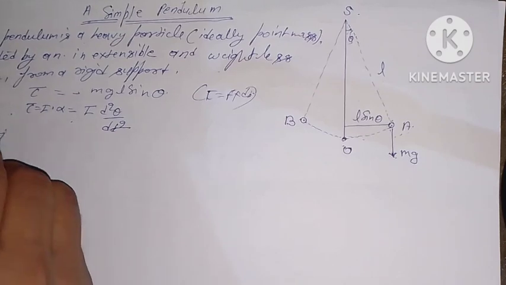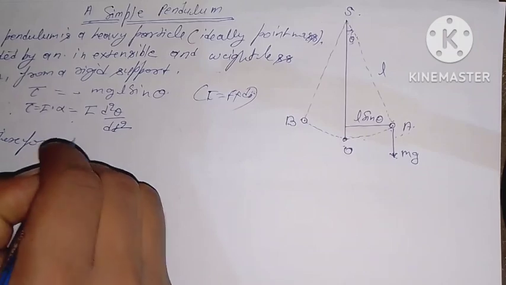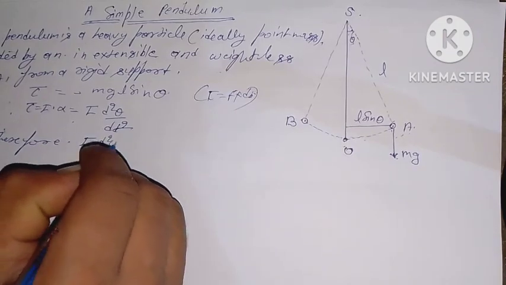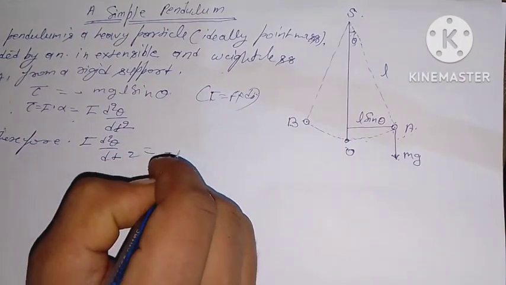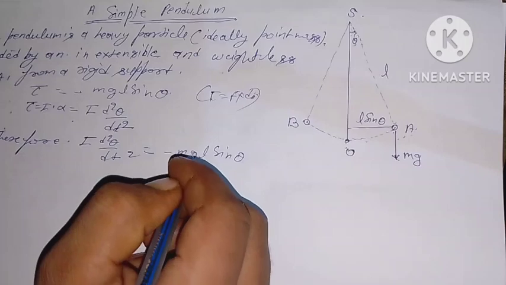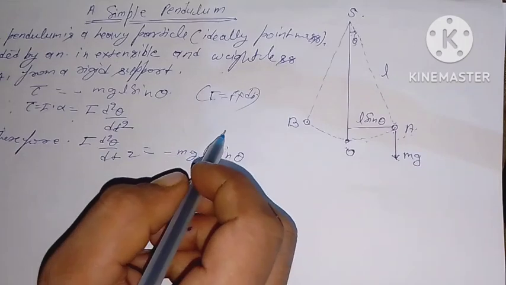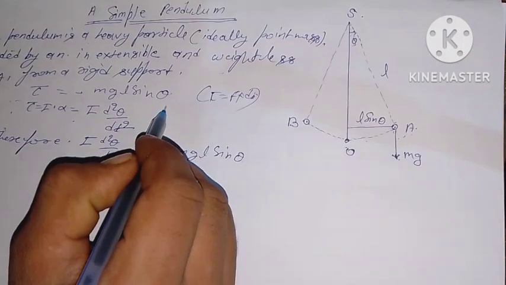Therefore I d square theta upon dt square equals minus mgl sin theta, because tau equals minus mgl sin theta.